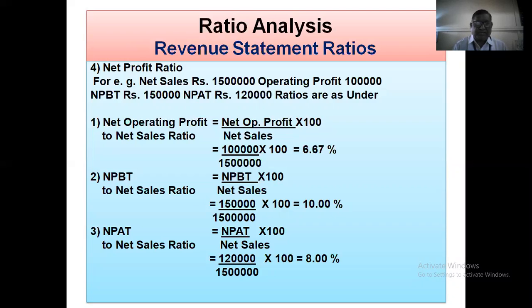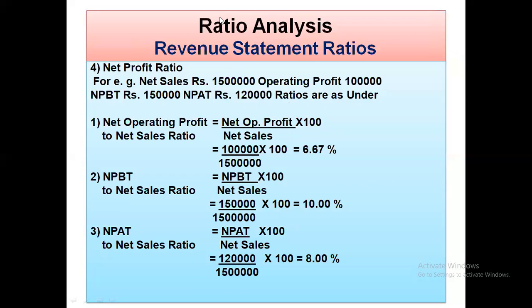The second profit ratio is known as net profit before tax to net sales ratio. It indicates the relationship between the total profit of the organization before deduction of tax and net sales. For determination of this ratio, we use the formula net profit before tax divided by net sales into 100.